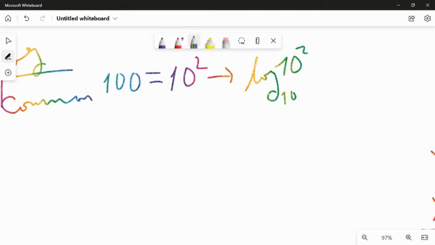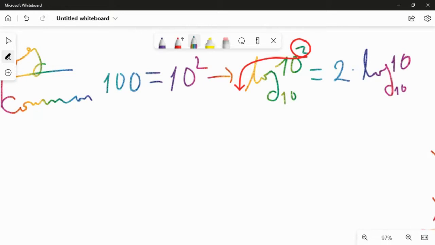When you express it like that in log, one benefit of log is that you can bring that exponent to the front, so it would look like 2 times base 10 log of 10 to base 10.